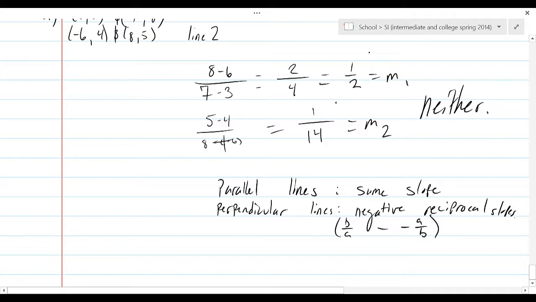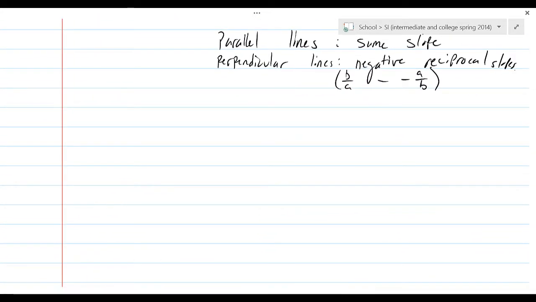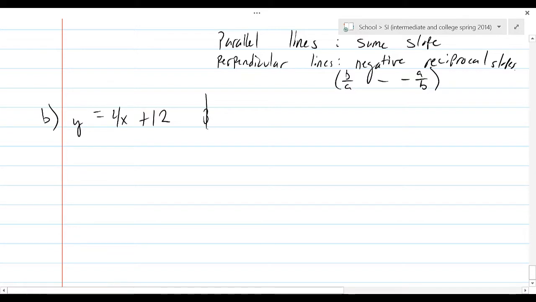Let's go ahead and try letter B. We've got y equals 4x plus 12 and 36 plus 4y equals negative x. Okay. Well, what form of a line can I determine the slope in?